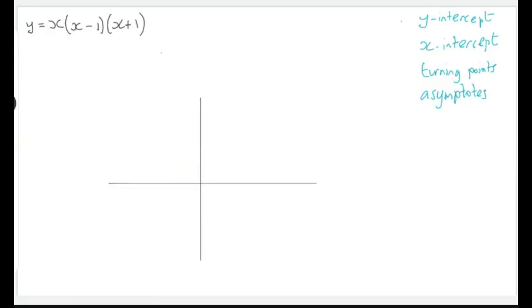The first questions you can ask yourself, sorry, is just what are the y-intercept, x-intercept, turning points and asymptotes, if at all any.